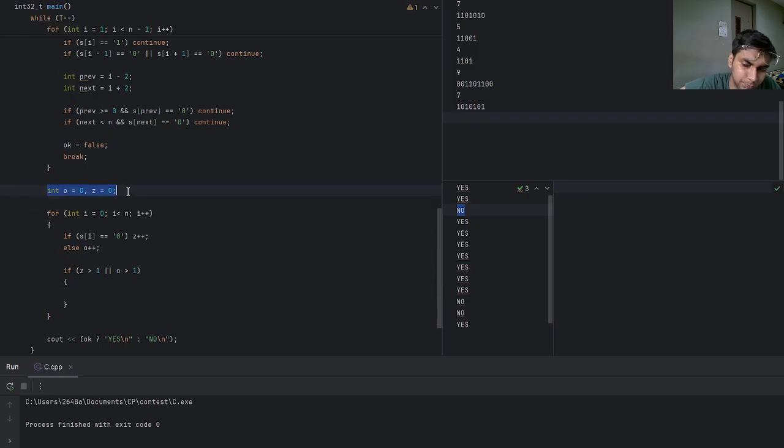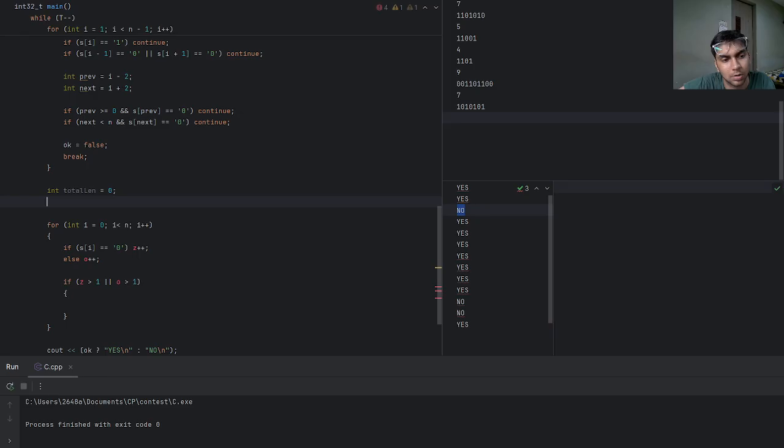So, okay. Basically, let me just call this total length and something like state, false. Oh, no, state actually. I need to match it with true first.